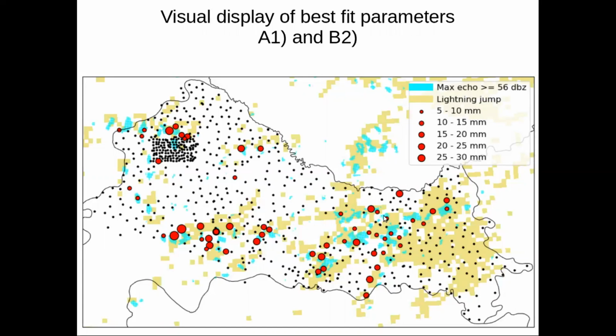However, it did create a lot of precipitation in this region. So this suggests that lightning jump, as we computed it here, still has some information about rain rates within it. But within this work, we didn't check it. So this is something which will remain for future work.